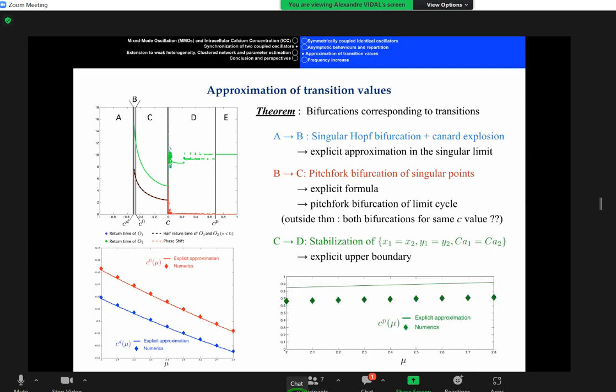And for the upper boundary here, once again, we have the explicit over-approximation, upper boundary, and the numerics. And you see that it's not as good as the former explicit approximation, but it gives us some idea.